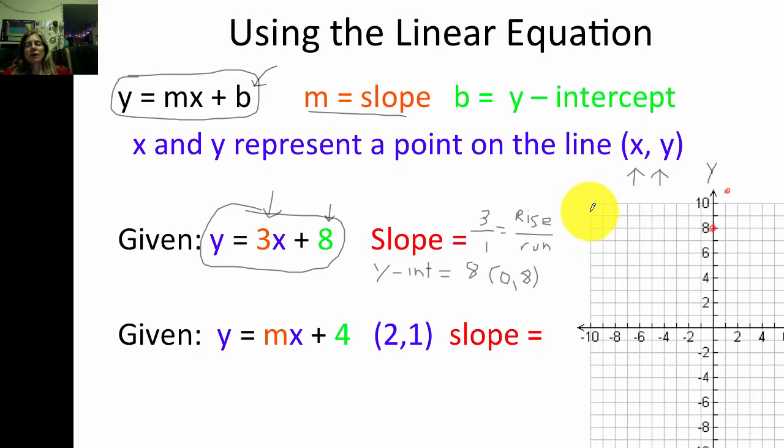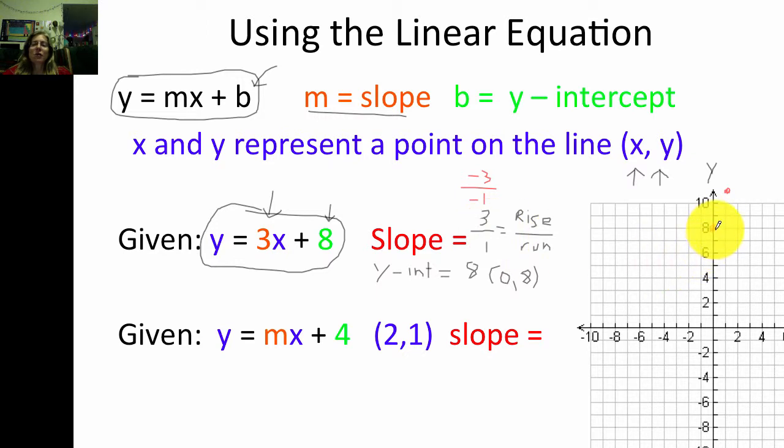And I did a video all about this. And in that video I also explained that if you did the opposite of each number here, the opposite of 3, which is negative 3, and the opposite of 1, which is negative 1, that gives me the slope going exactly in the other direction, but it's the same slope because negative over negative is a positive.